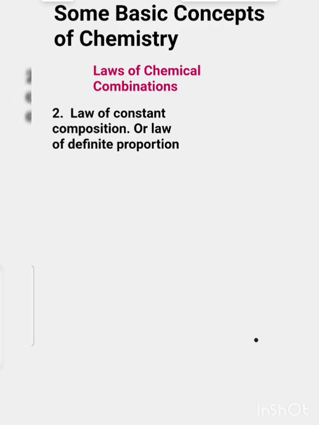Okay, so what does this law say? It says that a pure chemical compound always contains the same elements combined together in a definite proportion by weight. I can explain with an example. Suppose there is a reaction, copper plus oxygen gives us 2 copper oxide.